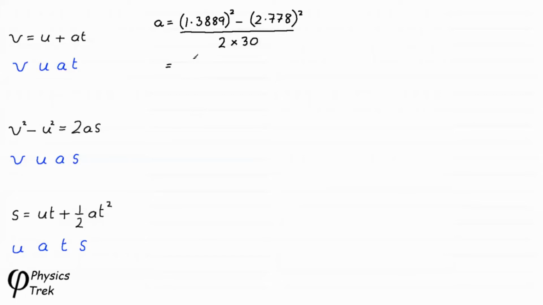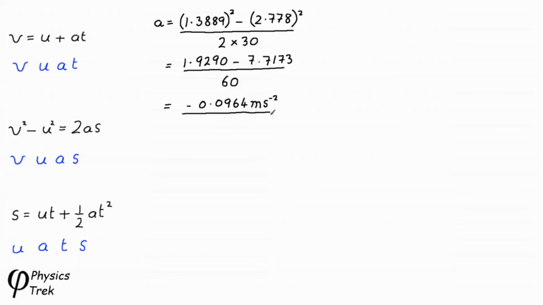This comes to 1.9290 minus 7.7173 divided by 60. And this comes down to minus 0.0964 meters per second squared.